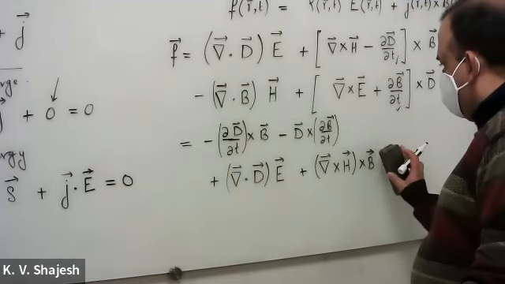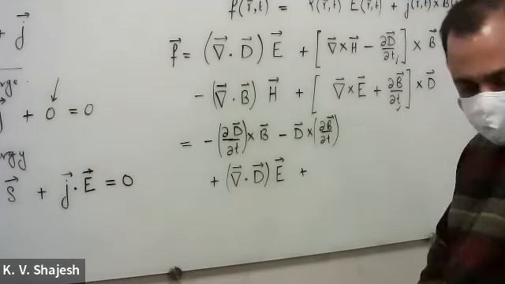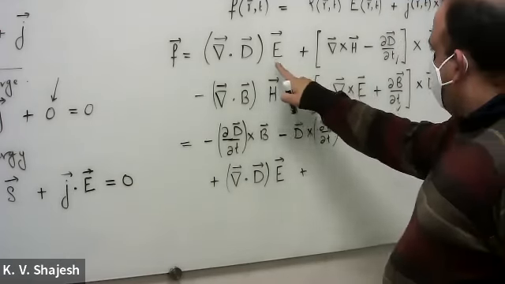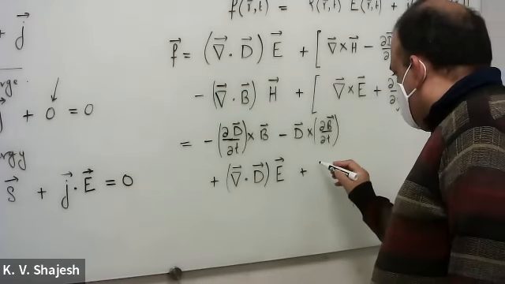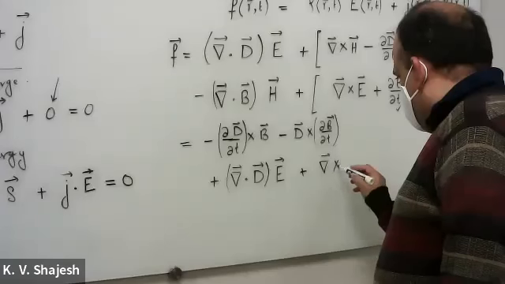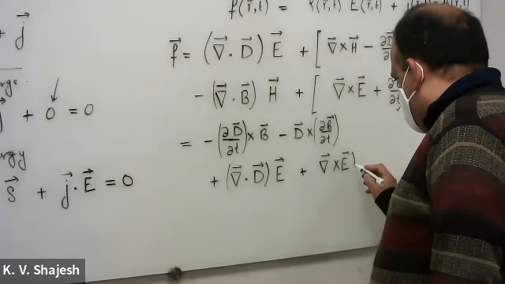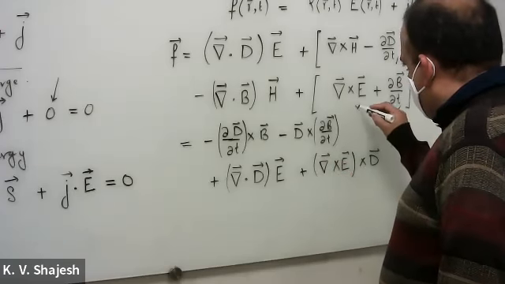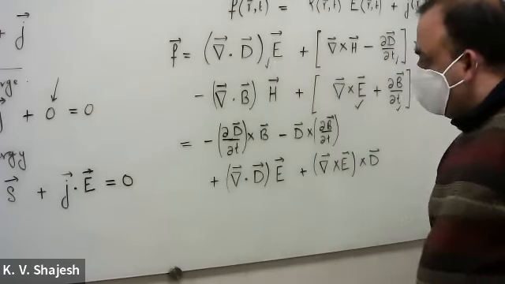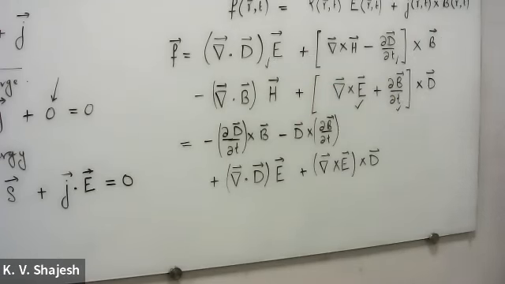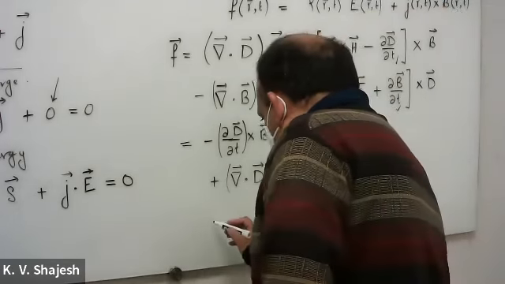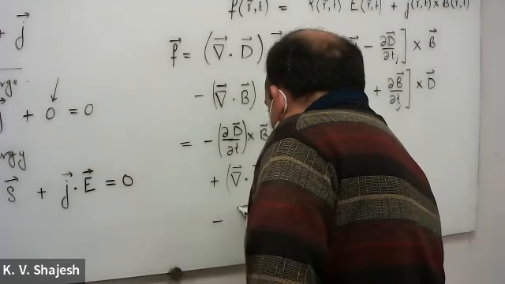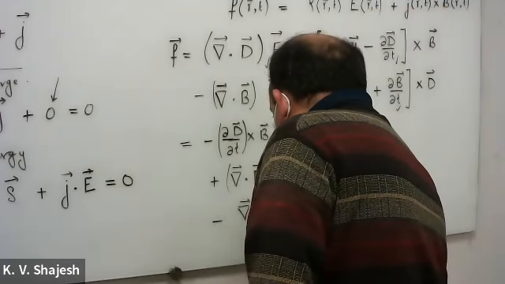I actually want to write all the E's on one end. So I'll combine this with this, cross with D. So now I have taken care of this and this. And the other two, I'll put it separately. So it's minus del dot with B.